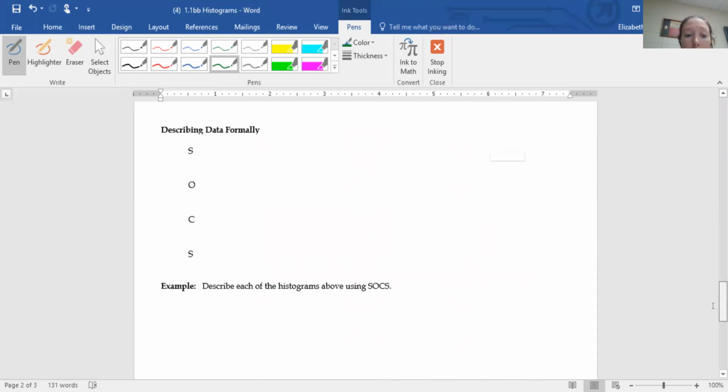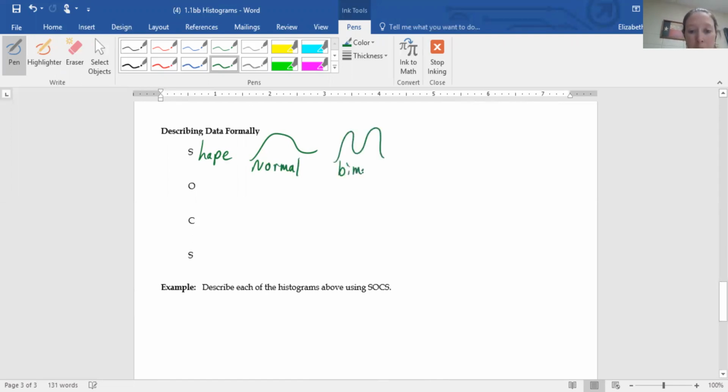All right, so describing data formally, we use an acronym called SOCS. What this stands for is shape. This is normal. This is bimodal. Left skewed, right skewed.